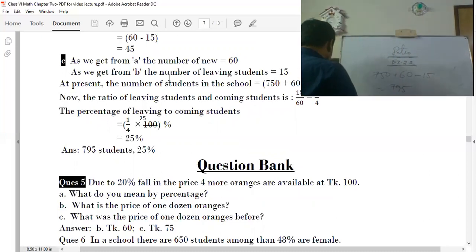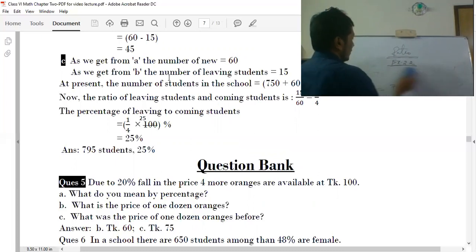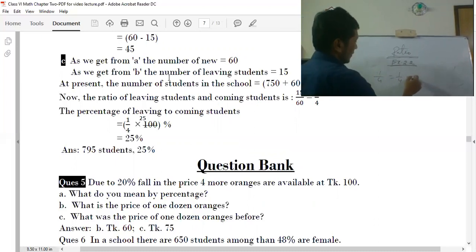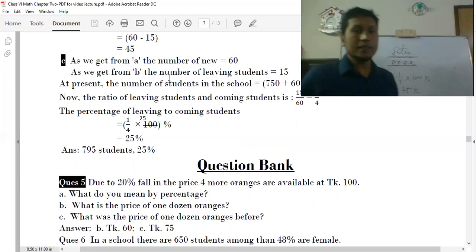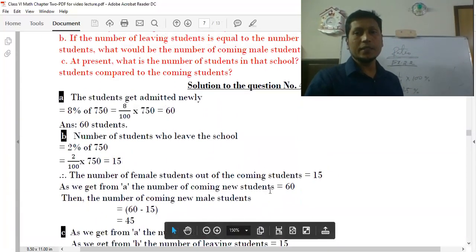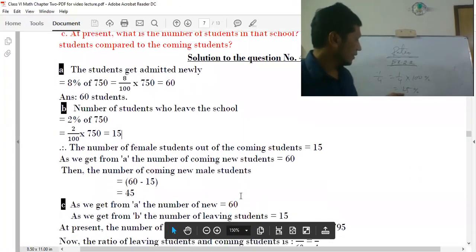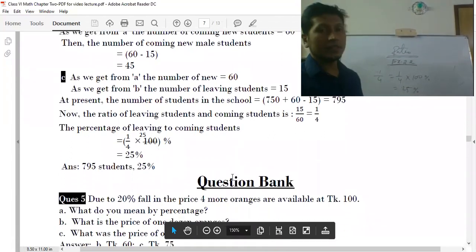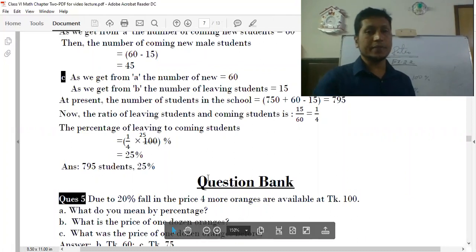Now, if we convert 1 by 4 into percentage, we will get the desired answer in 100%. That is 25%. So following the question, the percentage of leaving students compared to the coming students is 25%. That is 25% will be the desired answer of part C.